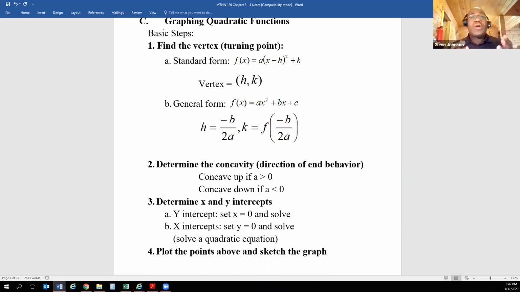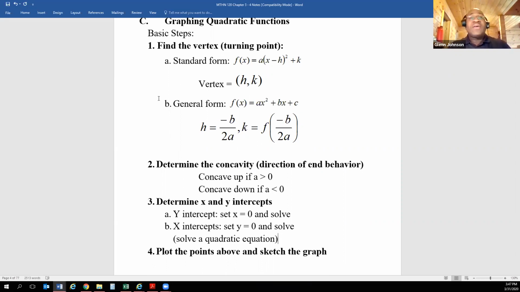All right, so the process is pretty straightforward. The first basic step to graphing a quadratic function is going to be to find the vertex, the turning point. Now, how do we find the vertex? Well, that depends on how the quadratic function is expressed, which form it's written in.